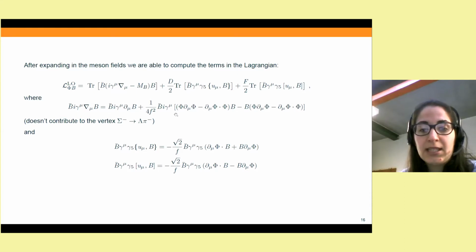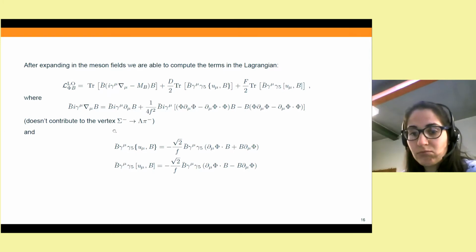And these terms here contribute to the scattering of baryon meson going to baryon meson, because we see we have the B bar, the B, and two mesons in all of these terms. So this cannot contribute to this vertex that we are interested in. So we have left two other terms, right?